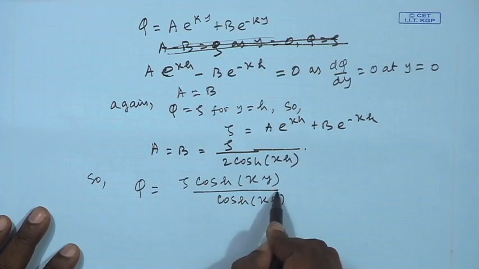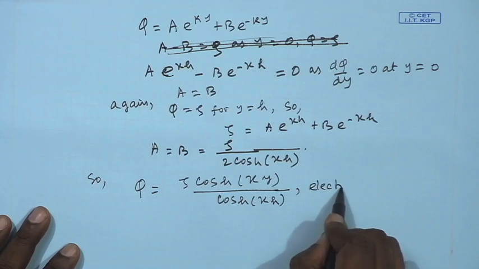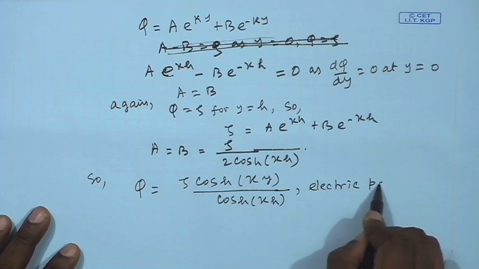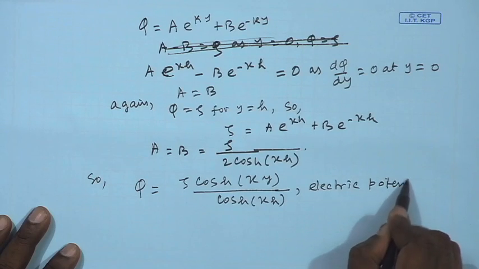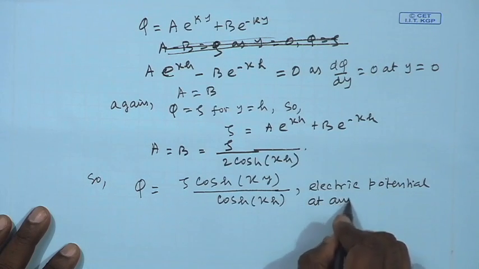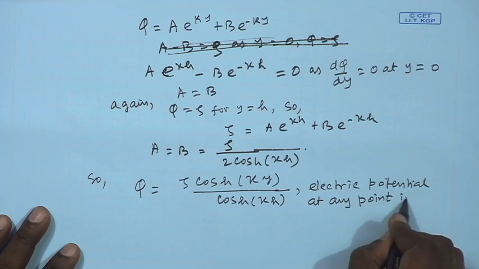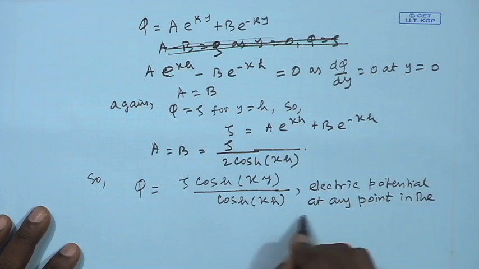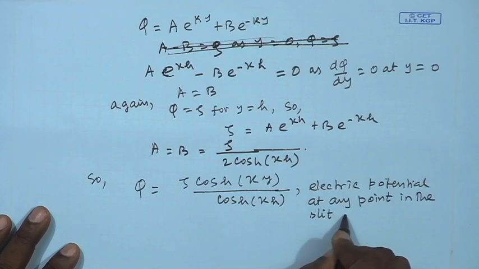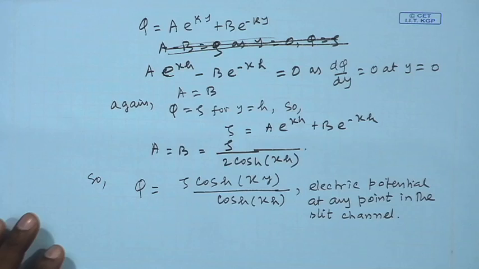So, this is the electric potential distribution at any point in the slit channel.